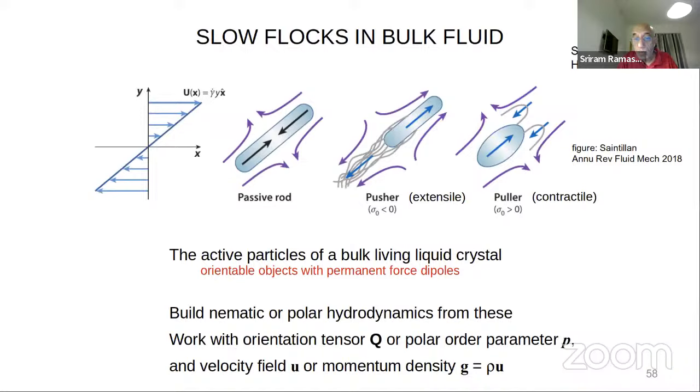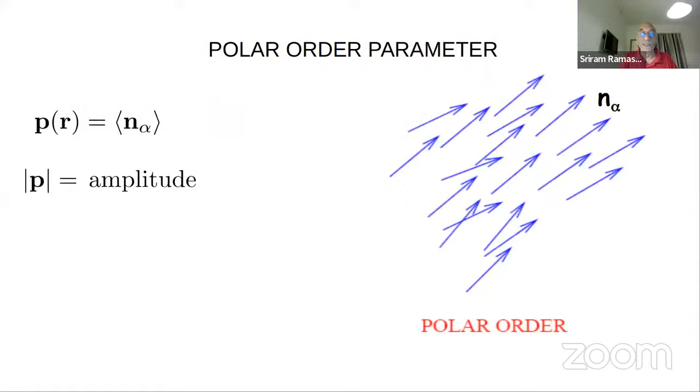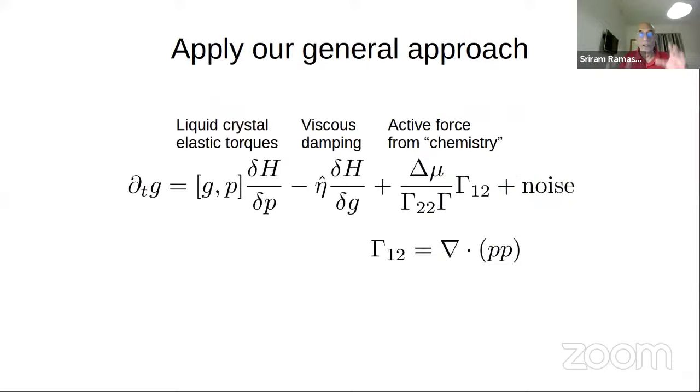Often it's convenient to work with the momentum density G, right? G is the local density of momentum. G is the quantity whose integral over all space is the momentum in that region. Integral over a given region is the total momentum of particles in that region.